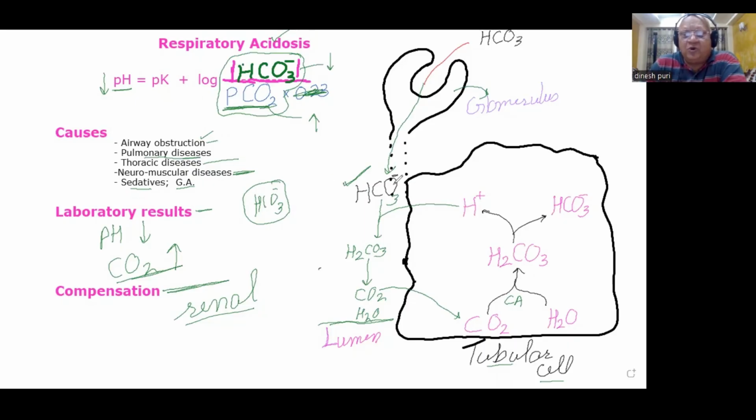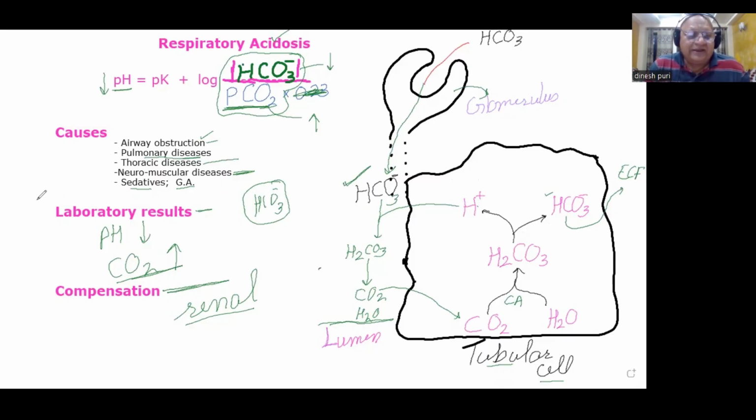There is one more also. Have a look at this reaction, the second reaction. Equimolar to the H plus formed, an equimolar concentration of bicarbonate is also getting produced. And this bicarbonate now moves into the extracellular fluid, thereby elevating the bicarbonate concentration in the blood also.